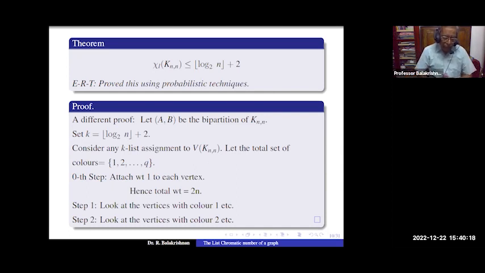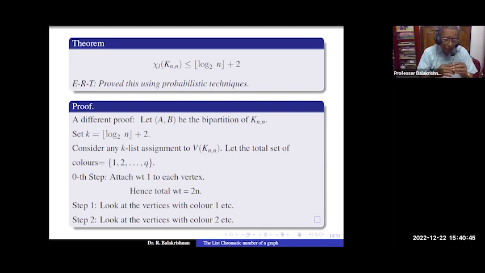Now what I do is, I look at the vertices in X and also the vertices in Y. At each vertex there is a bag of k colors, out of which you have to pull out and color.